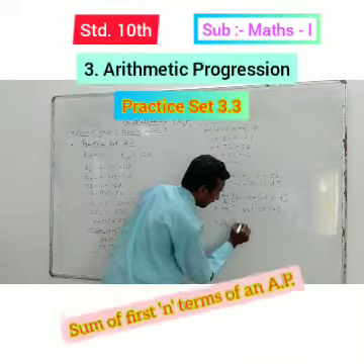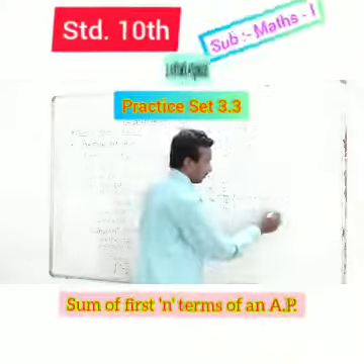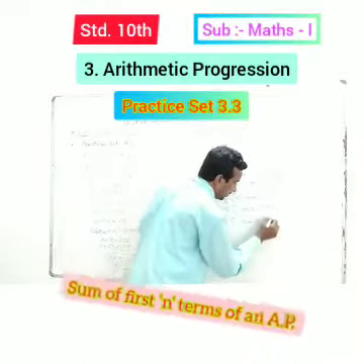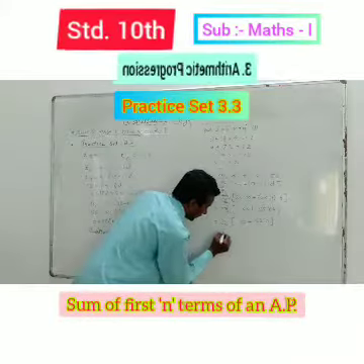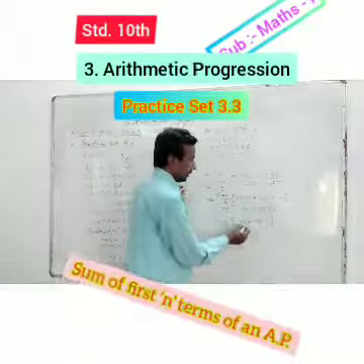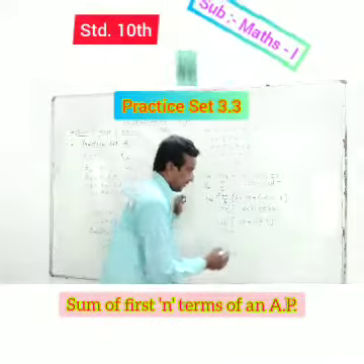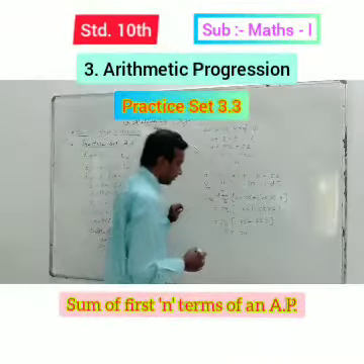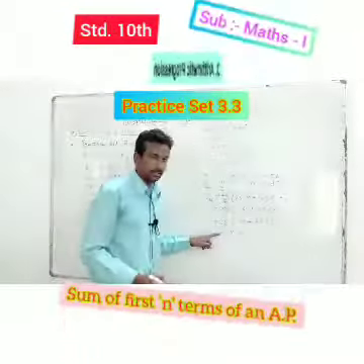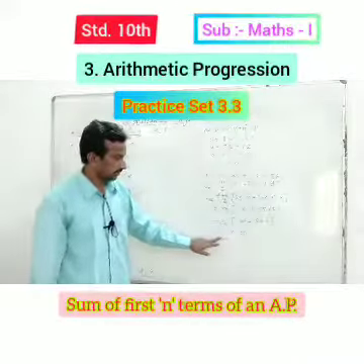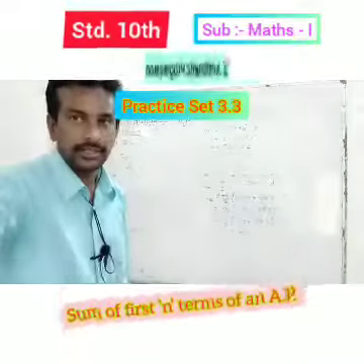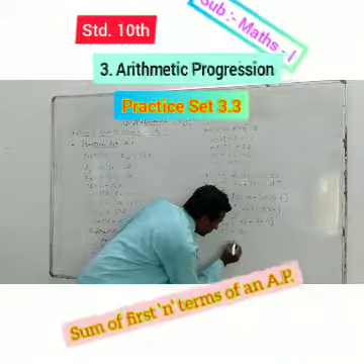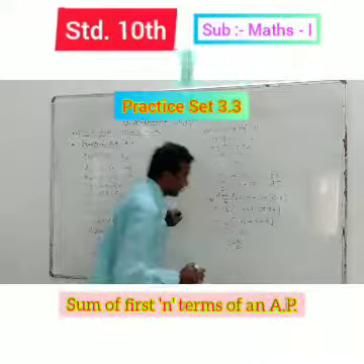55 into 4 is 220. So 28 into minus 40 plus 220 is 180. Now multiply 28 by 180. 28 into 180, the answer is 5040.